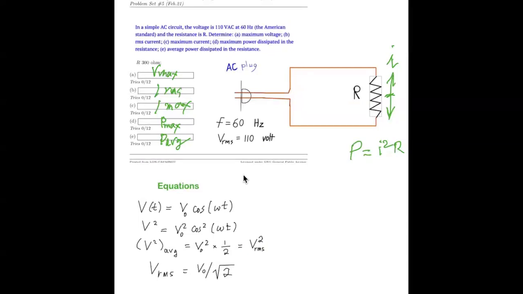And the average will just be 1/2 Imax squared. No, the average will be the square of IRMS.